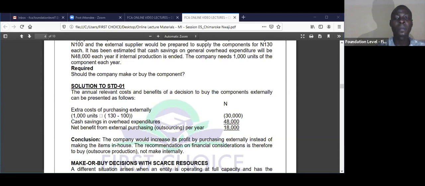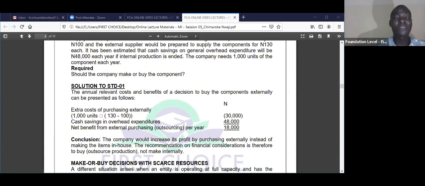Now, the first example we did, there was no scarce resource. And when we talk about scarce resource, our mind goes to limiting factor. So when we say scarce resource, it takes us to the idea that we will want to make everything, but we cannot make it on our own alone.